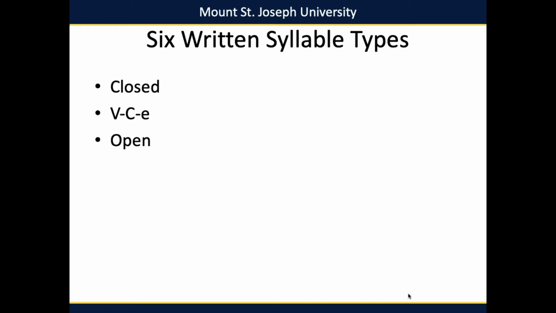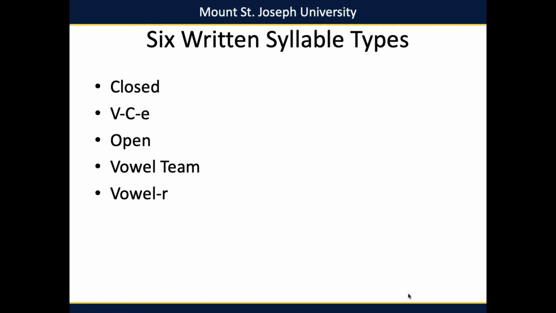Open syllables follow the pattern CV, and the vowel also is said as the long vowel sound, like in the words he and me. There are a variety of vowel teams or combinations, such as AI, AY, EA, etc. These can be pronounced as short or long vowel sounds, or diphthongs, as in the case of oi.